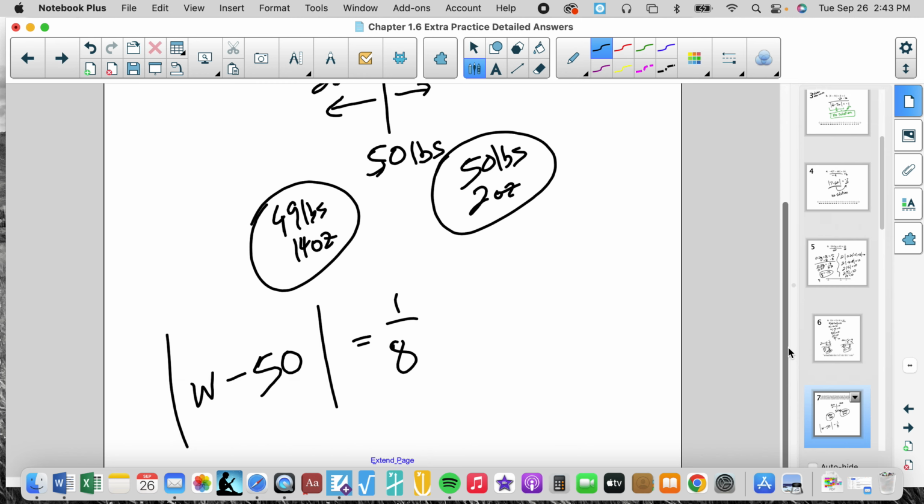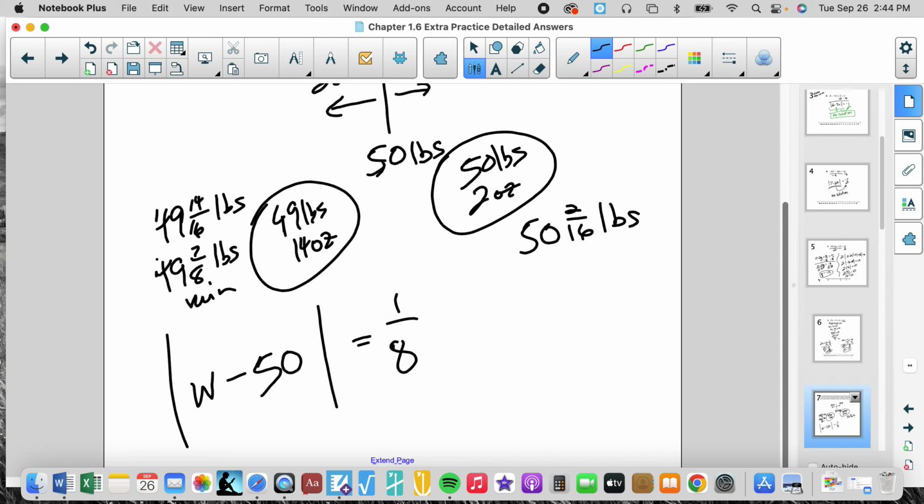Okay, so 50 is the number that I'm going to subtract from. And that would give me 49 pounds, 14 ounces, which is also 49 and 14/16 pounds, or 49 and 7/8 pounds would be my min, and my maximum would be 50 pounds 2/16, or 50 and 1/8 pounds.